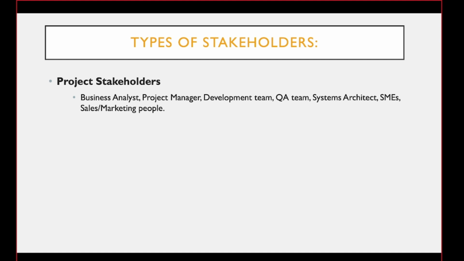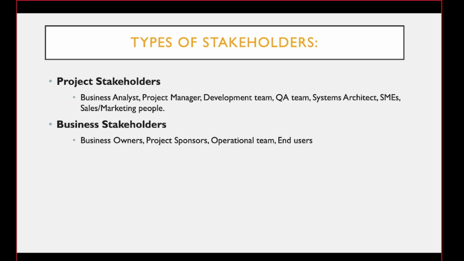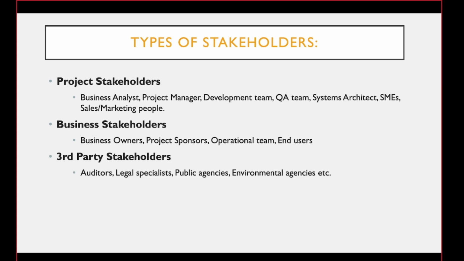So the BA, PM, development team, QA, architects, and SMEs who will be actively participating to resolve your questions and give you requirements. And business stakeholders. These are the business owners, project sponsors, operational team, and also the end users who will be using the application in the end. So those who will be part of UAT testing and everything.